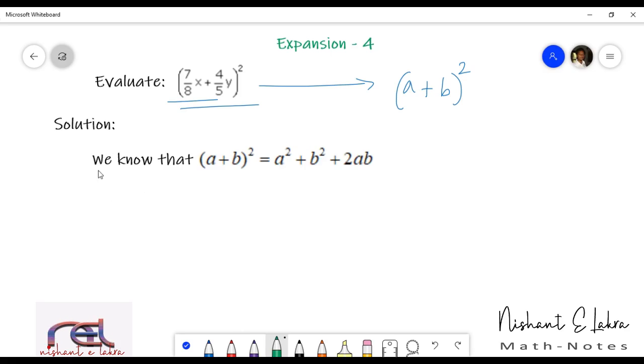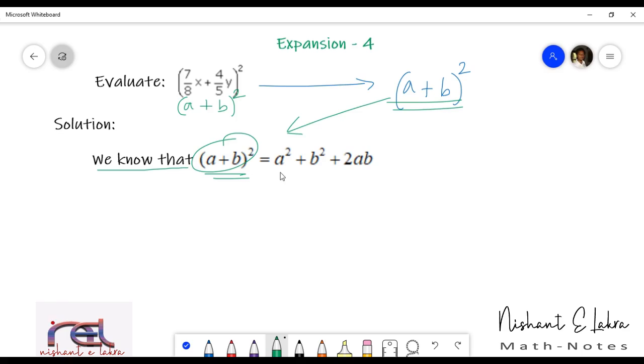So (a + b) whole square is equal to a square plus b square plus 2ab. Now looking at the question, 7/8 x is a and 4/5 y is b.